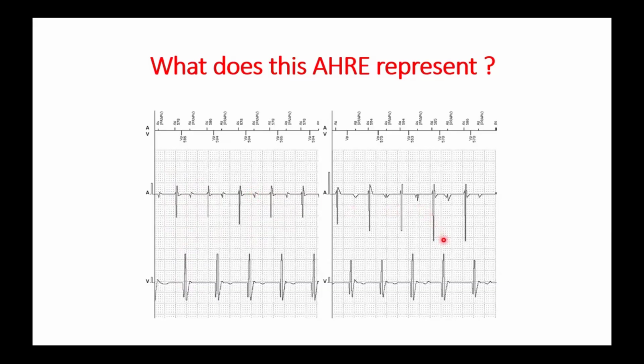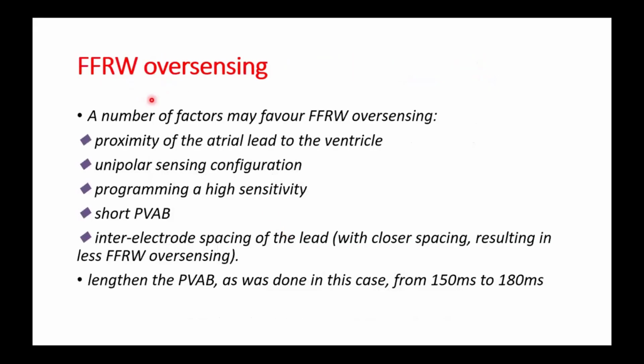This one is always consistent and always related to the V. So this is actually R wave oversensing on the atrial lead, which is called far-field R wave oversensing.